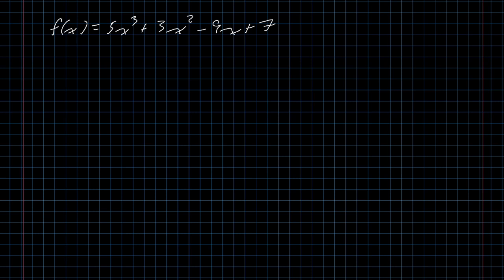We know that the first derivative of this function is 15x squared plus 6x minus 9. And we know that the second derivative of this function is 30x plus 6. We determined the intervals where it's concave up and concave down, but this much is good enough for our purposes.